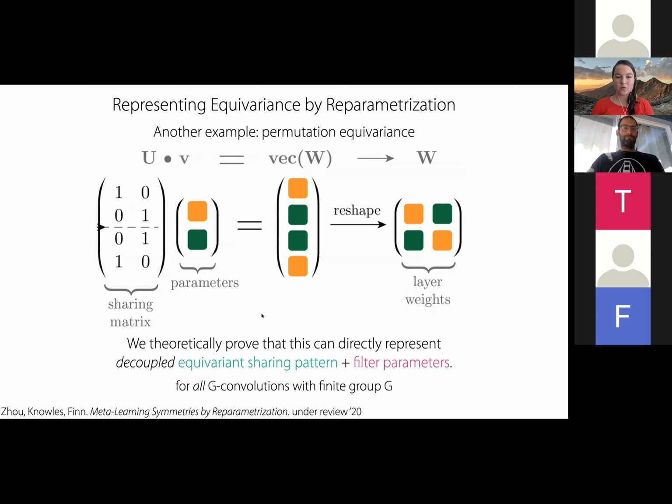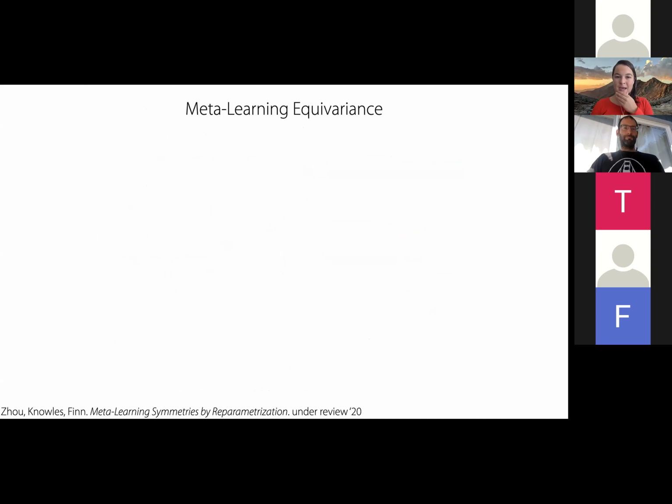Okay, so that's the first idea: we're going to reparameterize a weight matrix by this sharing matrix and the underlying parameters. The second idea is we're going to combine this with meta-learning in order to learn the symmetry structure that exists in a set of datasets. In particular, we're going to take the MAML algorithm, and in the inner loop of that optimization, we're only going to update the parameters v of each weight matrix, and keep the equivariant structure u fixed.